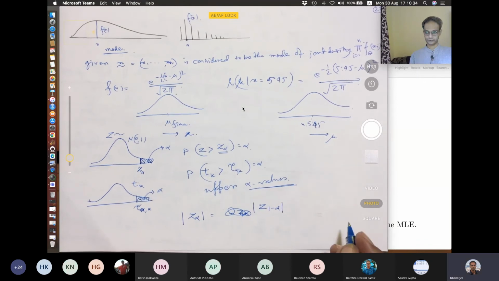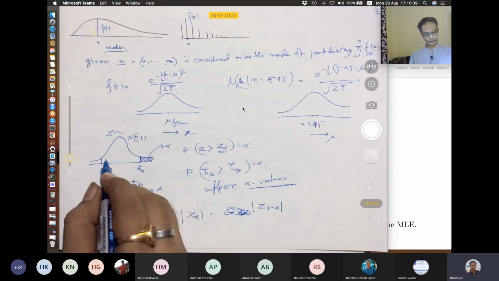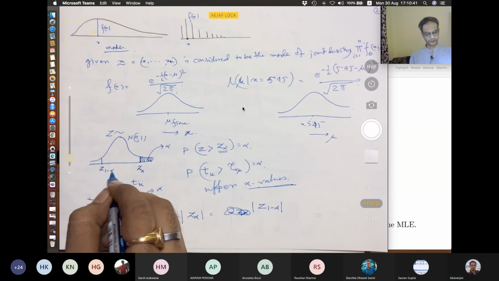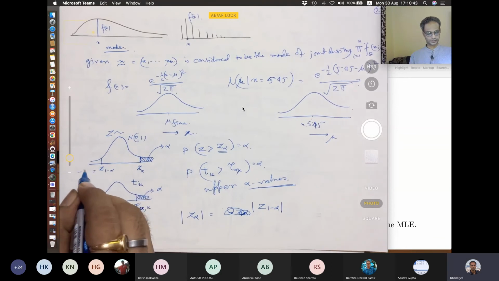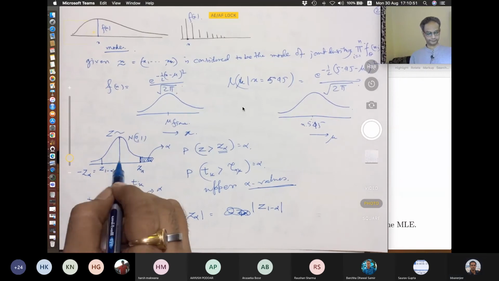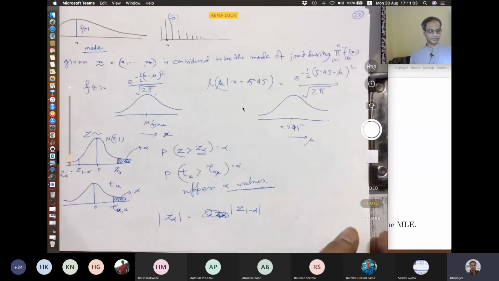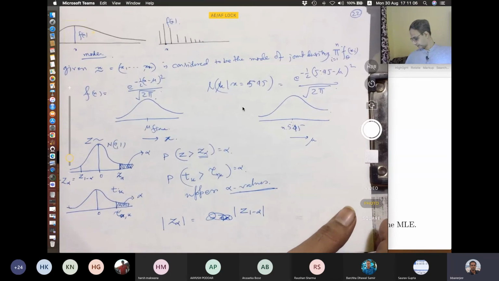They have the same magnitude because z1 minus alpha is this, and that quantity is the same as minus of z alpha because of symmetry, and the same thing will happen here. But that will not hold for the F distribution. So okay, let us talk about the maximum likelihood estimate a little bit more in detail.